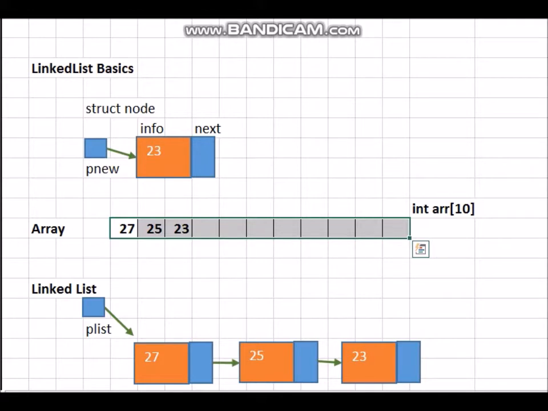A linked list, on the other hand, is a kind of dynamic storage. What happens is, as you can see here, the same three numbers are stored in a list. It looks like a train.